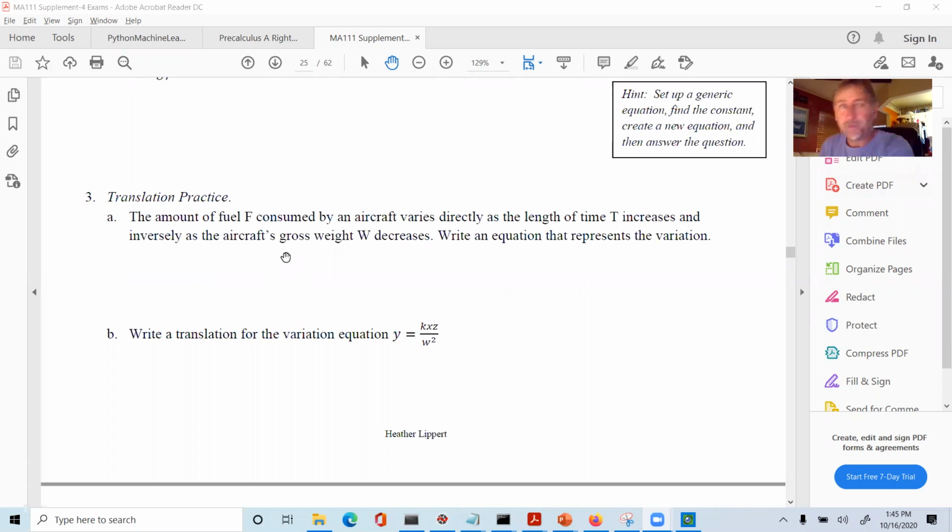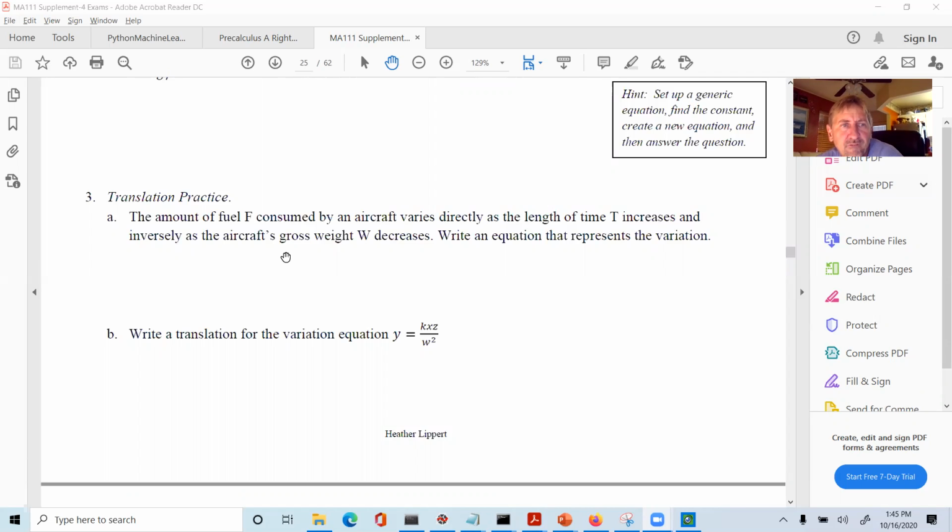So we have fuel, F, varies directly, so that's K times the length of time, T, increases, and inversely as the gross weight decreases. Write the equation that represents that variation. Right, I think you can do that pretty easily. If the answer's in the back of the textbook, I'm sure you can figure that out pretty quickly.